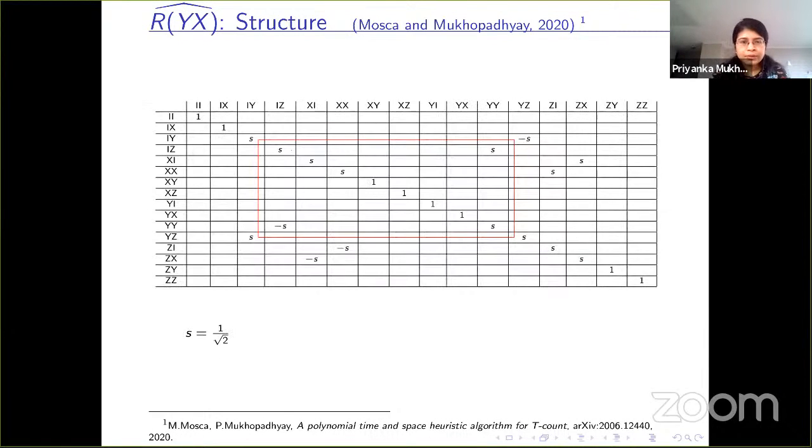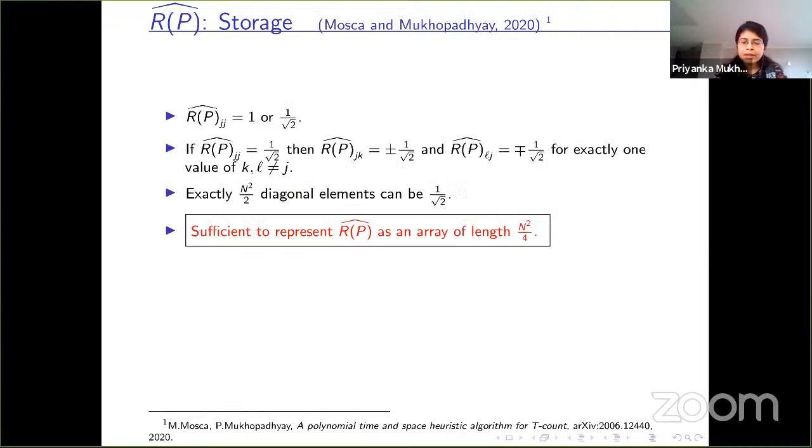We can see that when there is a 1 by root 2 on the diagonal, there is exactly one position in the row where there is a minus 1 by root 2 and one position in the column where there is a 1 by root 2. We can see many such patterns in the channel representation of such unitaries. Thus, to store this unitary, it is sufficient to store information about these squares. So this n square times n square matrix can be stored as an array of length n square by 4.